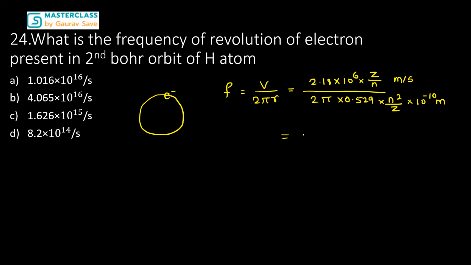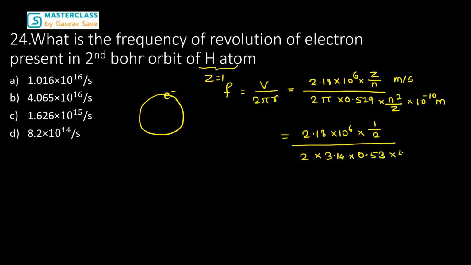So let's start solving. 2.18 into 10 raised to 6 into, they are asking for second orbit. Okay, and Z for hydrogen is equal to 1. So 1 upon 2, the whole thing divided by 2 into 3.14 into 0.53 into 4 upon 1 into 10 raised to minus 10.